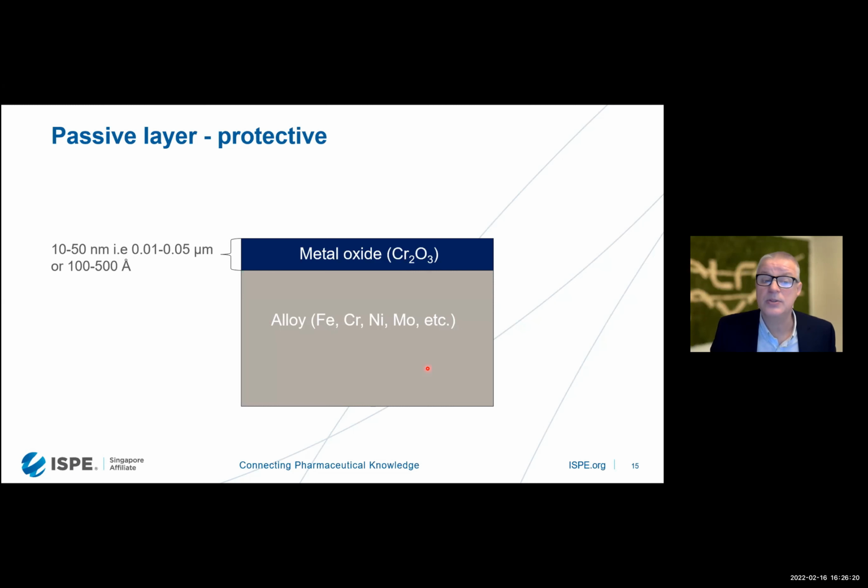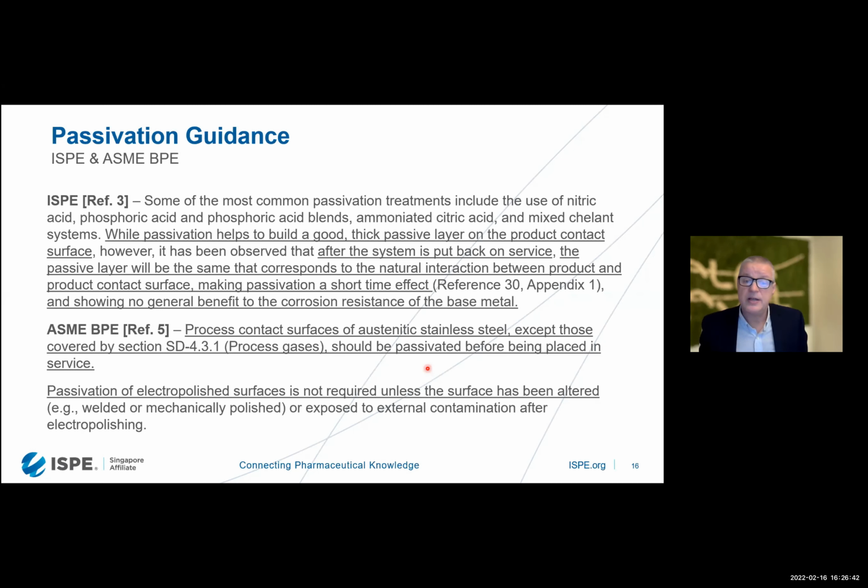It's only 0.01 to 0.05 micrometer. So a very thin layer, and we have to secure that this is a stable layer that will not get scratches or disappear. And this is actually how we prevent rouging in our system: to secure we always have a strong and good passivating layer. And the passivating layer you can get with passivation.